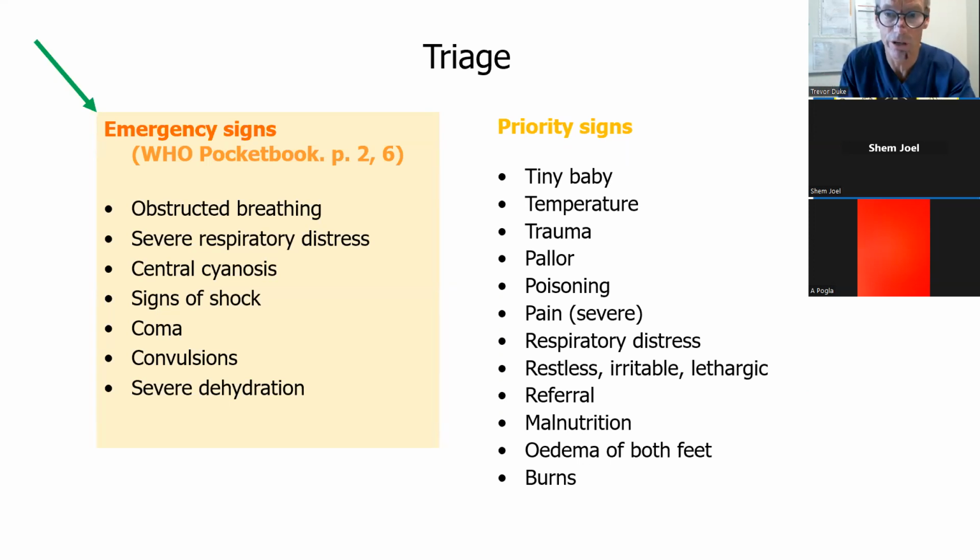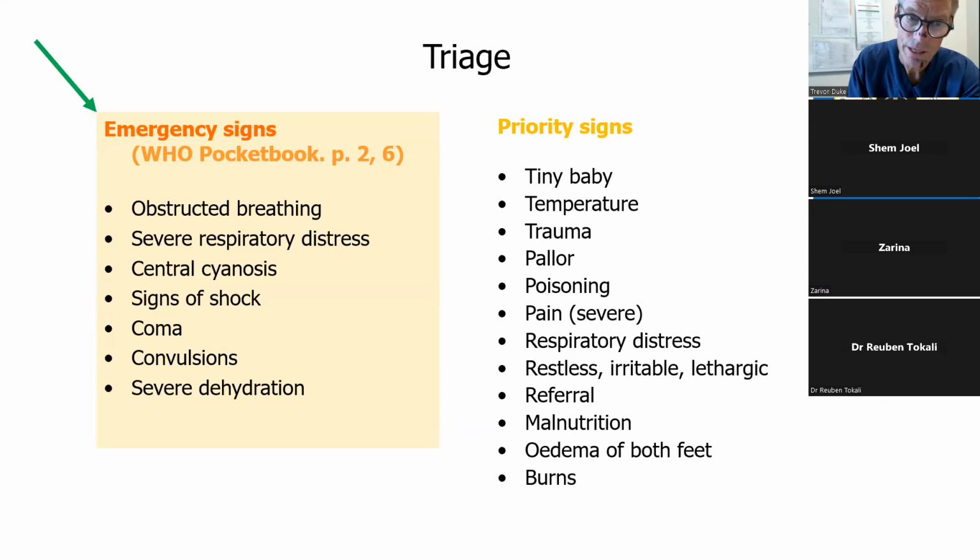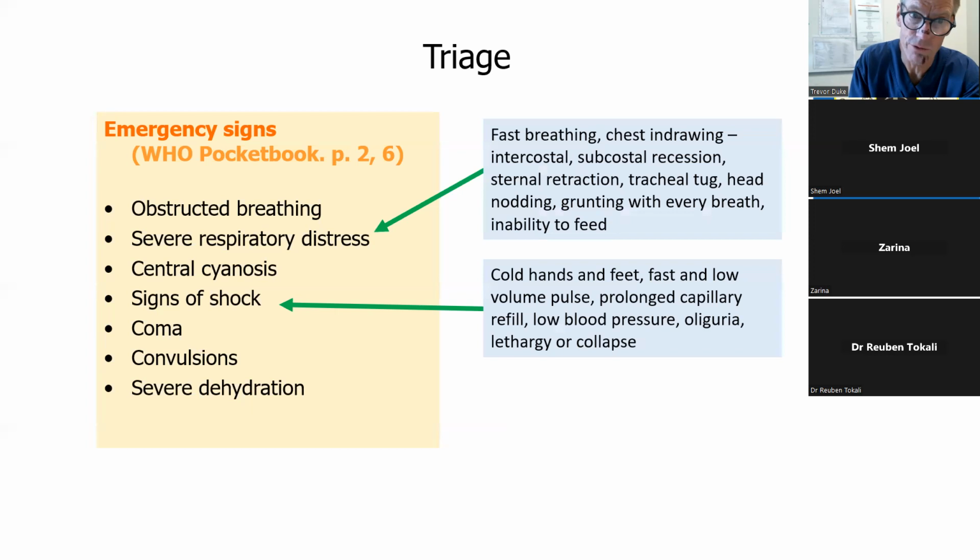And these are the WHO emergency signs, I just want you to look at the signs on the left-hand side: obstructed breathing, severe respiratory distress, central cyanosis, signs of shock, convulsions, and severe dehydration. And if you explore those in a bit more detail, for example, what does severe respiratory distress mean?